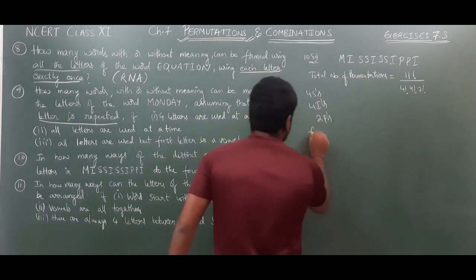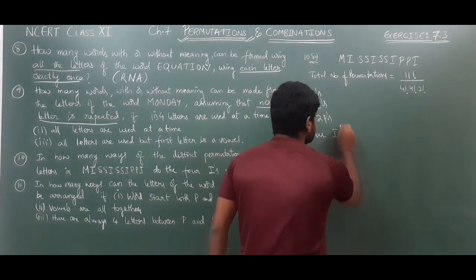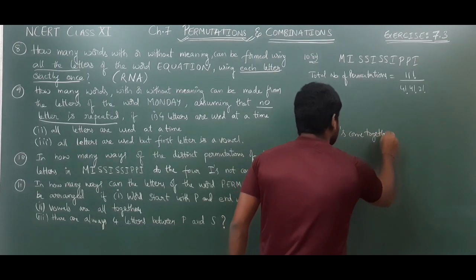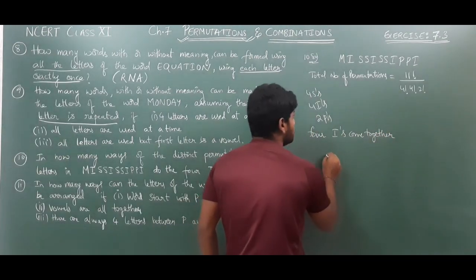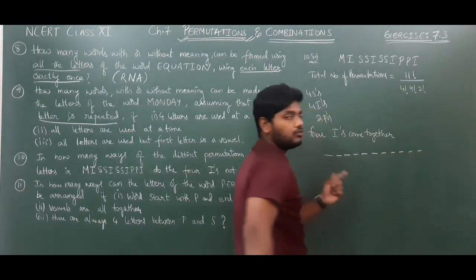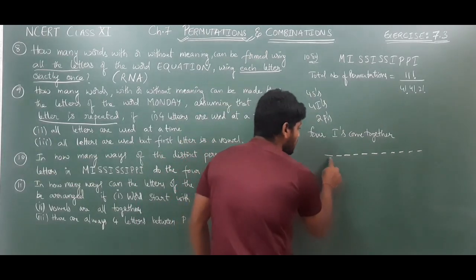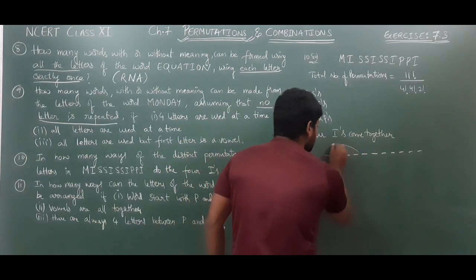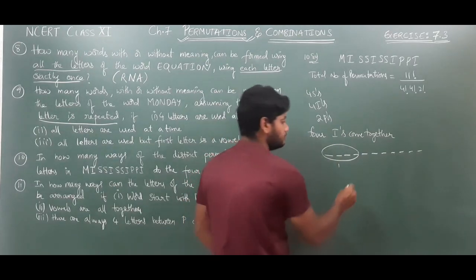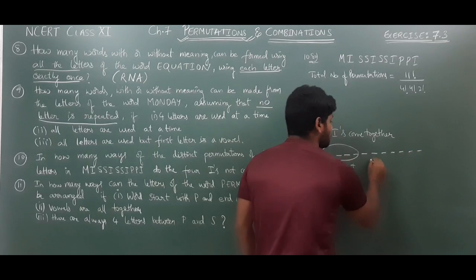Now I will find the number of permutations when the 4 I's come together. Out of 11, 4 I's come together, which means we need to consider those 4 as 1 plus the remaining 7.